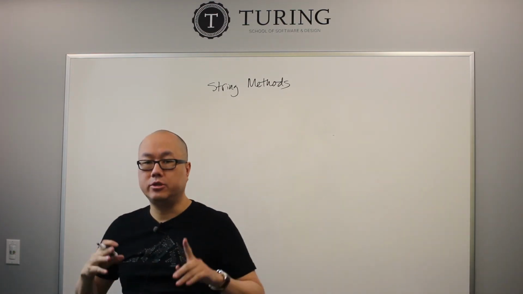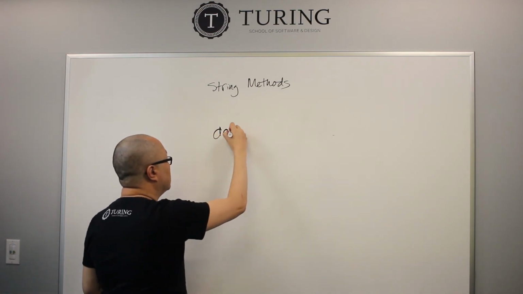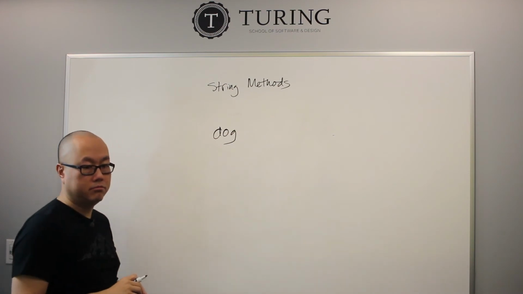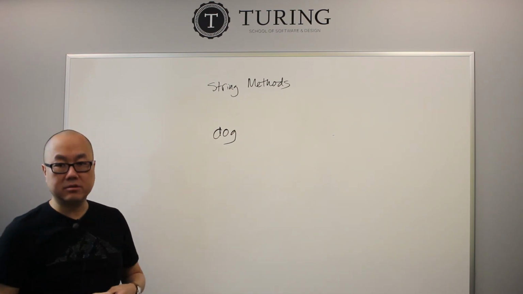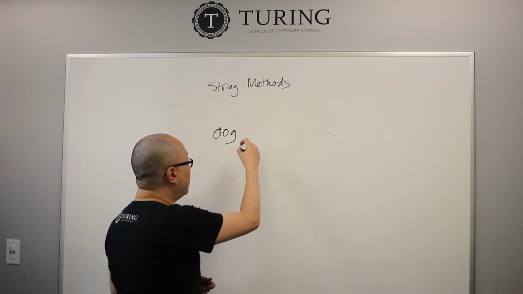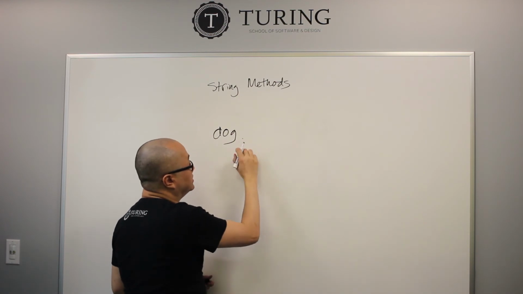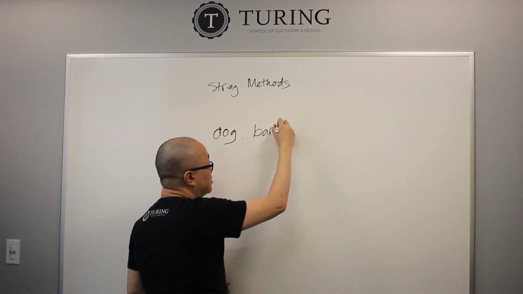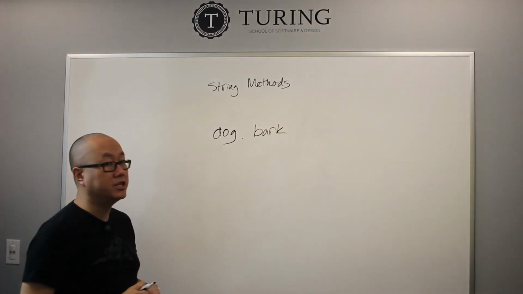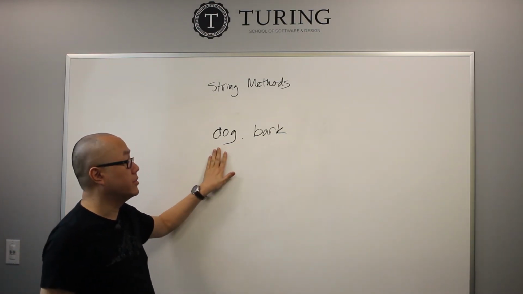Let's use this real-world example of a dog. A dog does many things. One possible thing it can do is bark. So if the dog has a bark method and we want the dog to bark, we put a dot and then bark. This is called dot notation, and the way we speak about this is that we are running the bark method on this dog object.